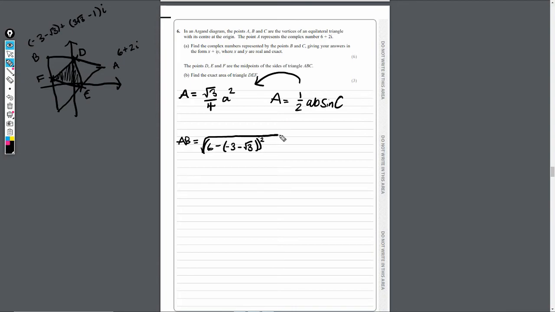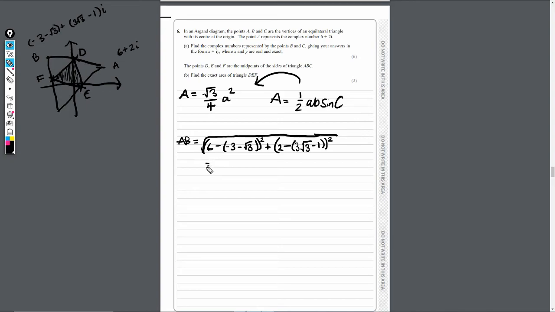Then we're going to add the imaginary part, so plus bracket 2 minus bracket 3 root 3 minus 1 all squared. So that'll give us this length here, which we can call A.